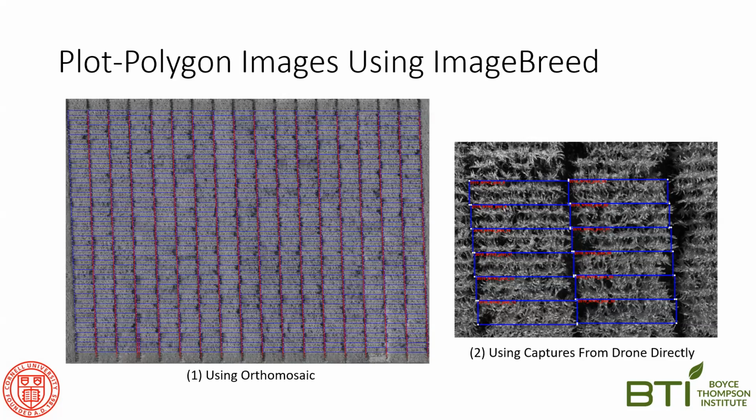So what hybrid or what accession is planted there, and also related to the genetics, if we have high density genotyping for those hybrids, and also if there are other phenotypes like plant height or grain yield that were collected. So ultimately, that's what ImageBreed is about.